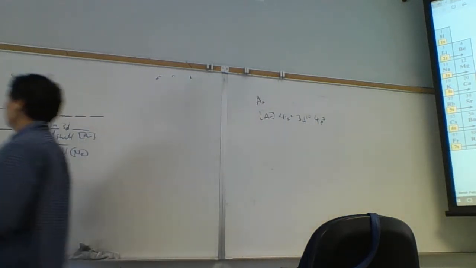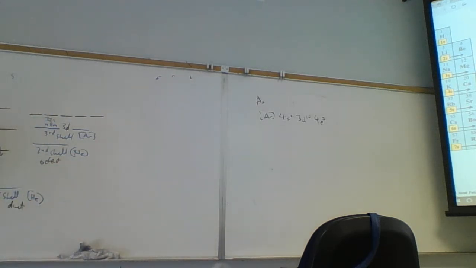So here we go. I'm going to fill up the third shell. We fill these one at a time with parallel spin. What was that called again? One at a time with parallel spin. Pauli exclusion or Hund's rule? Actually, Hund's rule.